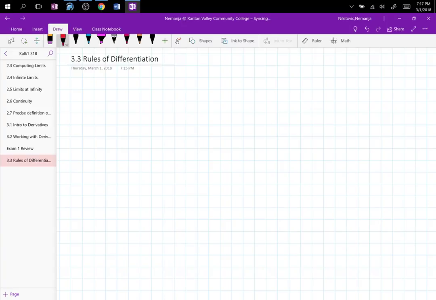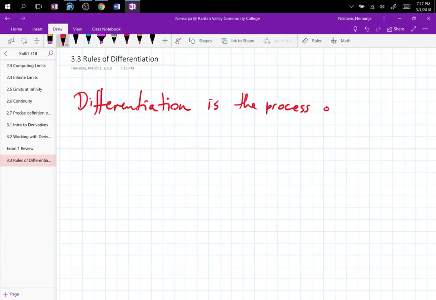It's a process of taking the derivative. Sometimes down the line we will say a function is differentiable, which means that you can take the derivative of that function. So differentiation is the process of taking the derivative.